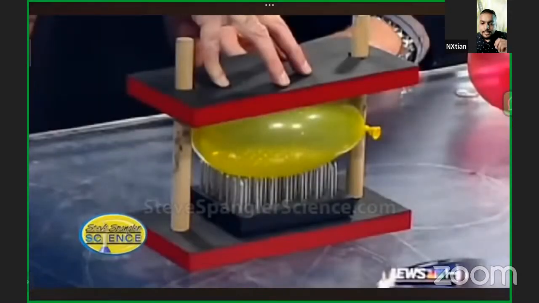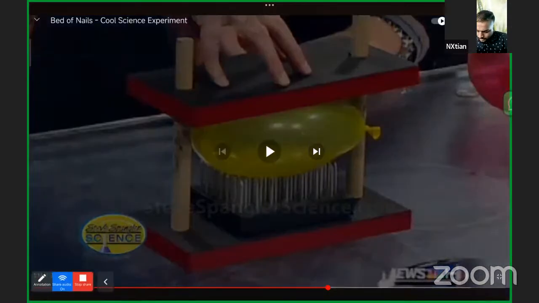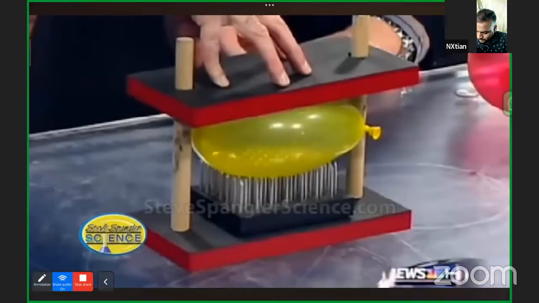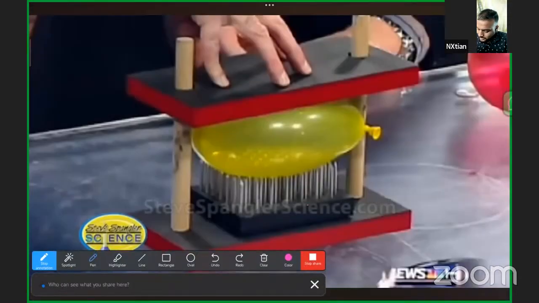In this, you can see the 100 nails we used in this experiment.